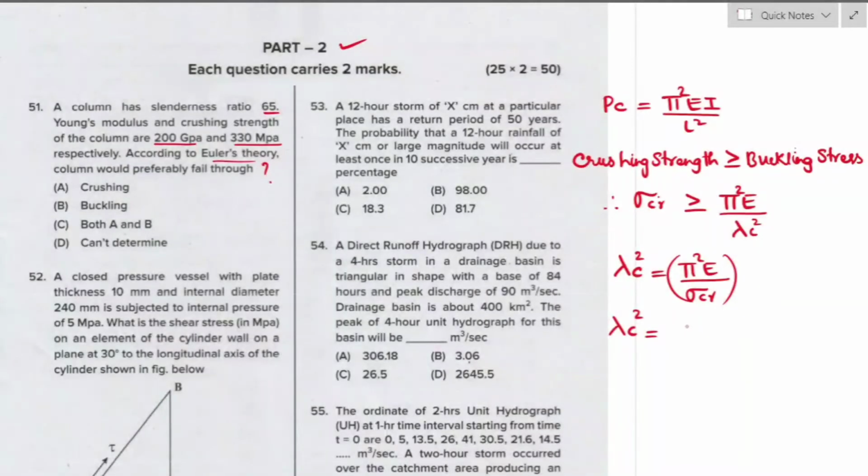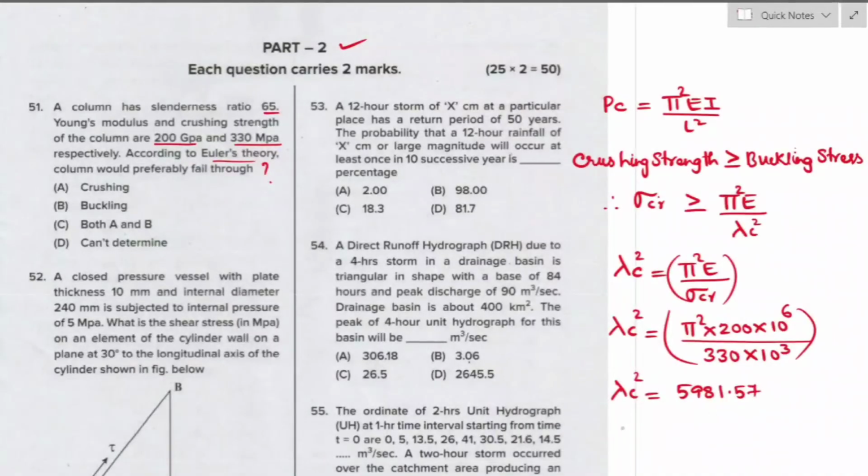So critical slenderness ratio is equal to pi square into E, the Young's modulus, which is given as 200 GPa, so 200 into 10 to the power of 6 divided by crushing strength, which is given as 330 MPa, so 330 into 10 to the power of 3. On solving this, the critical slenderness ratio is equal to 5981.57.